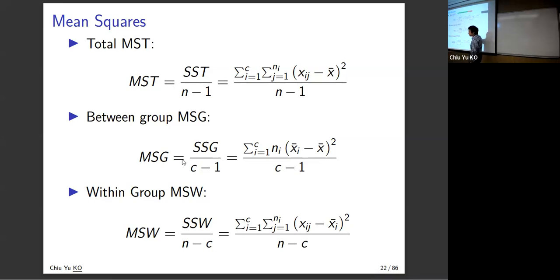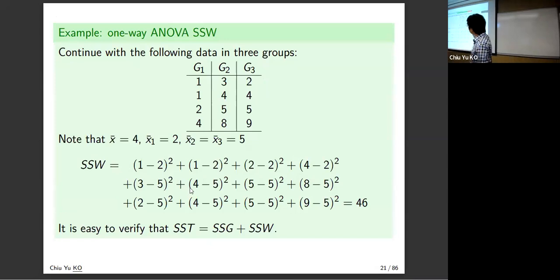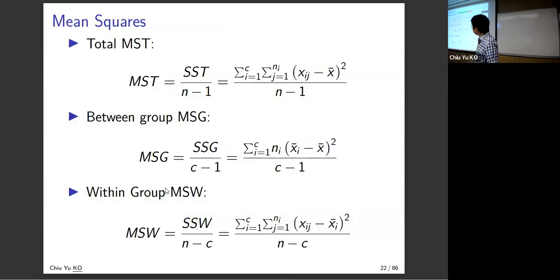So you only have C means. Suppose, like in this example, you have 3 groups. How many group means do you have? 3. So you calculate the variance among them, with 3 minus 1 as the denominator. That's why it is C minus 1.